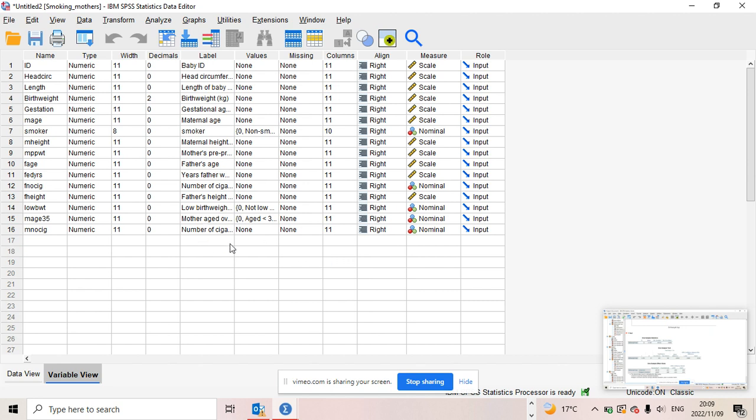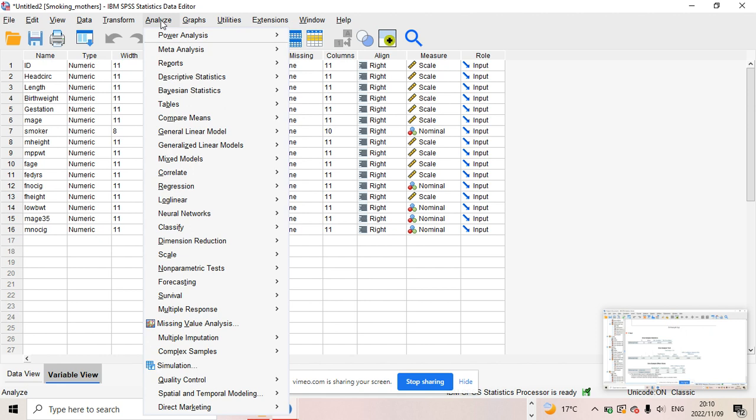Having selected the cases for the smoking mothers, we need to carry out our analysis. The first thing we need to do is to explore the data. So how do you do that?